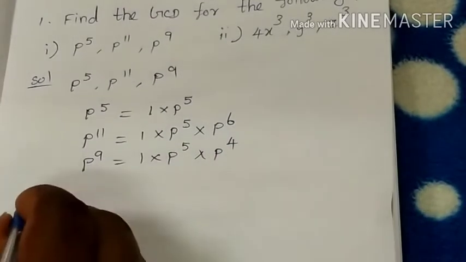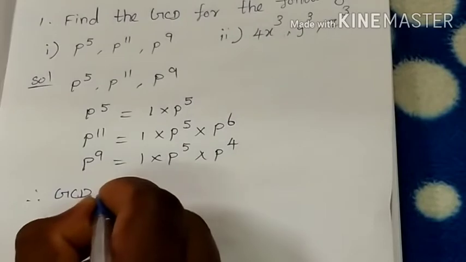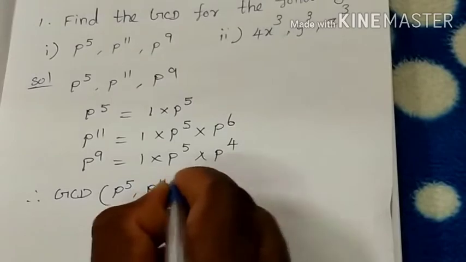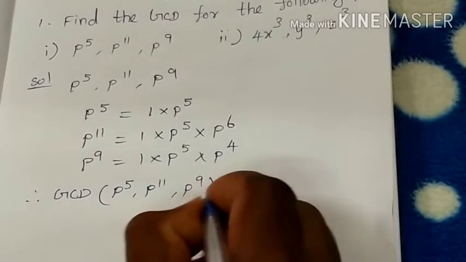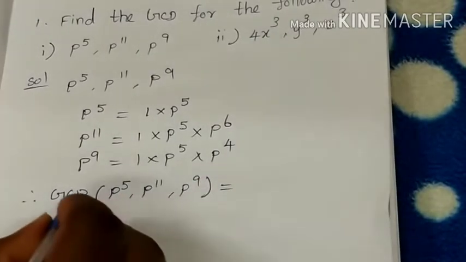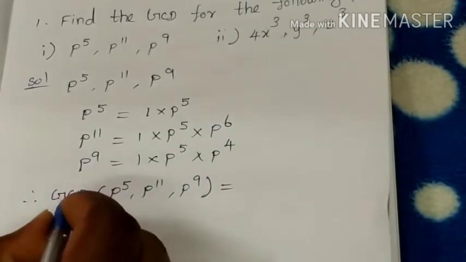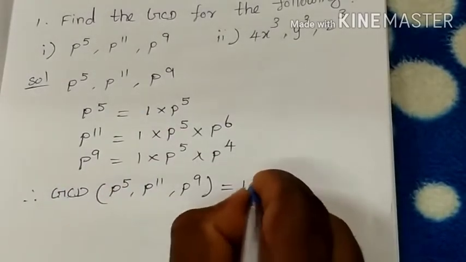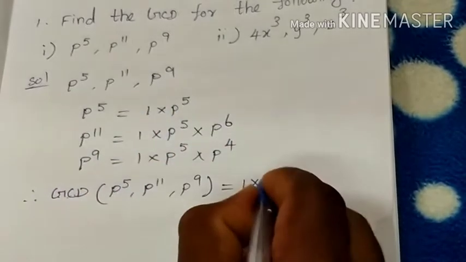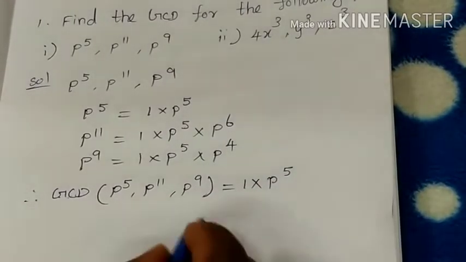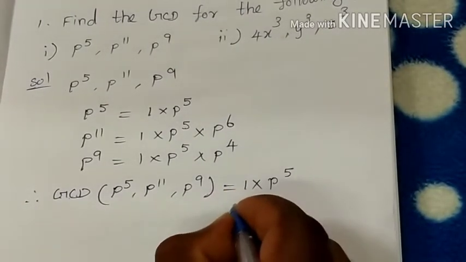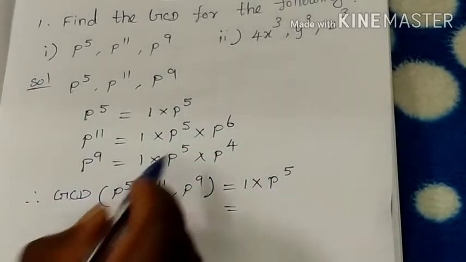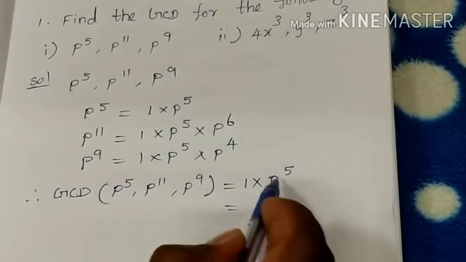Therefore, the GCD of p power 5, p power 11, p power 9 is the greatest common divisor.